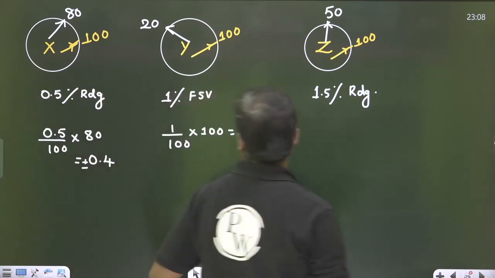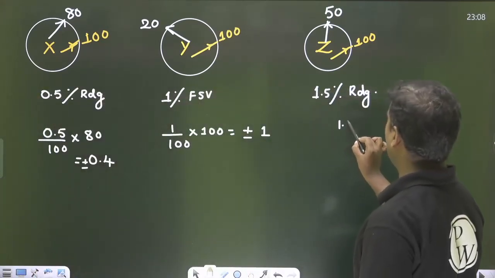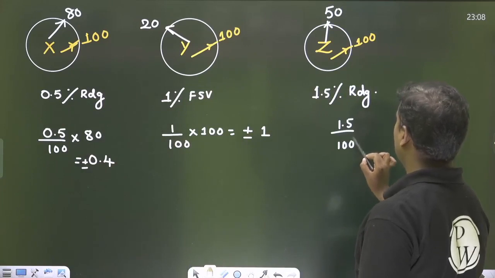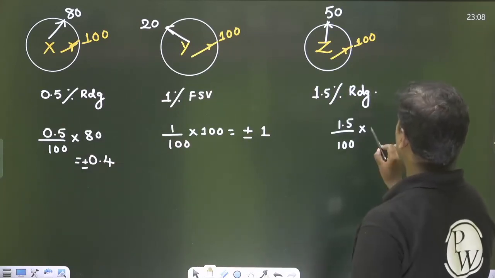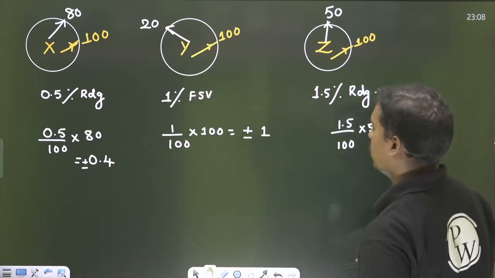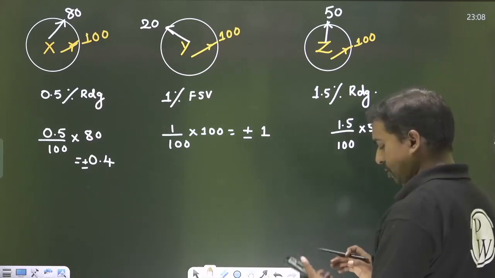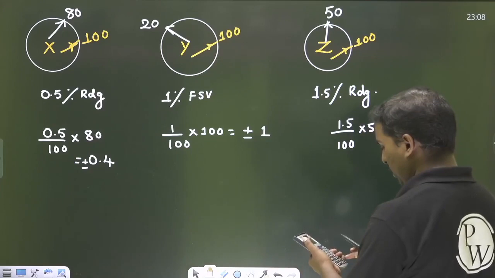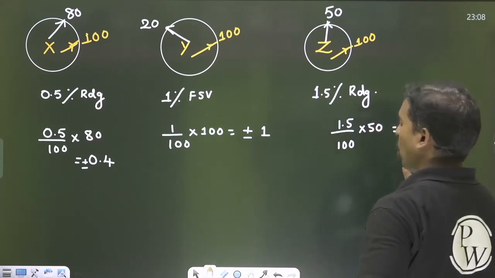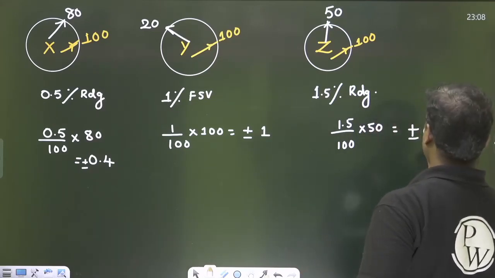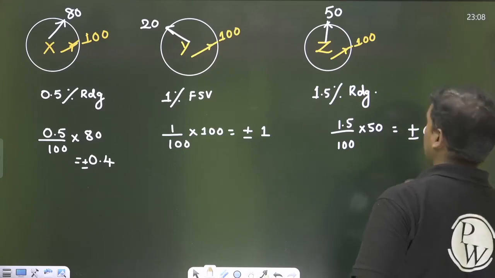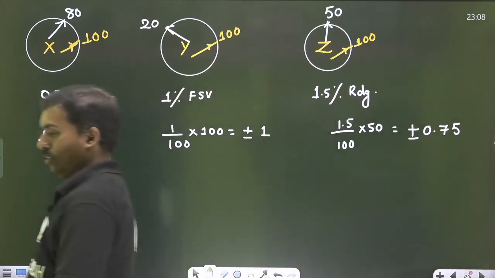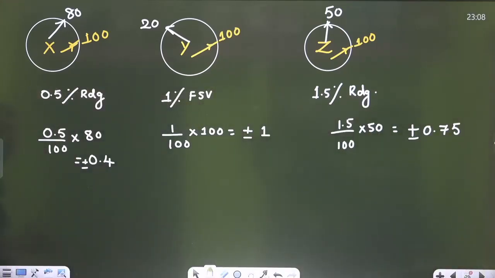This is 1.5% of reading, that means 1.5 divided by 100, reading is 50, 1.5 into 50 divided by 100 is coming as plus or minus 0.75. Okay, so these are the values.